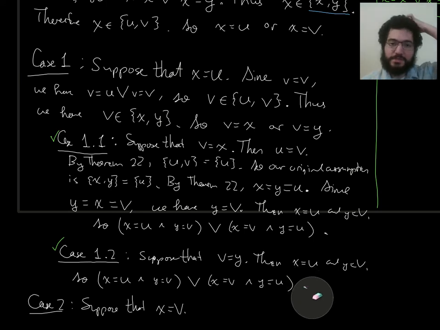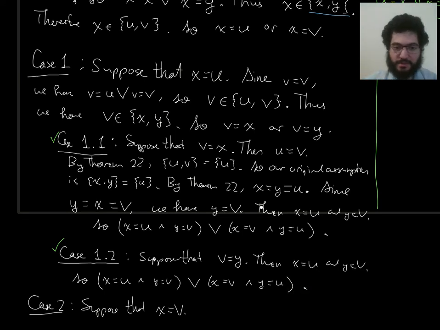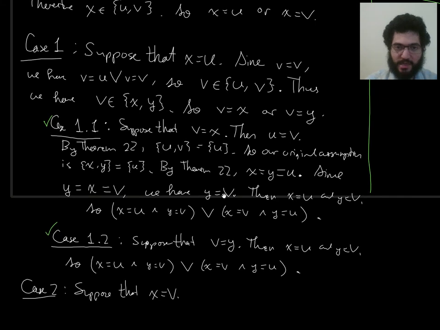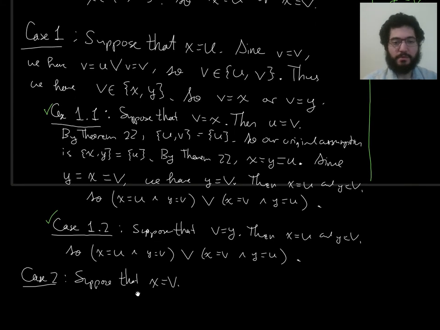There is actually a nicer way to cut down the length of the proof, which is, rather than making our case split be based on whether x is u or x is v, we can make our case split be based on whether x is u at all.